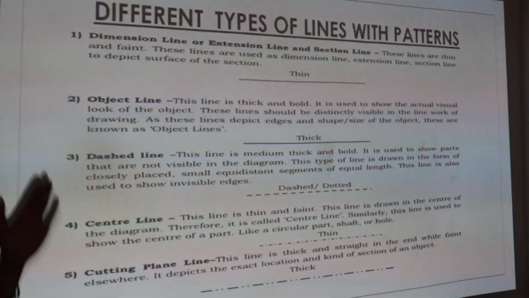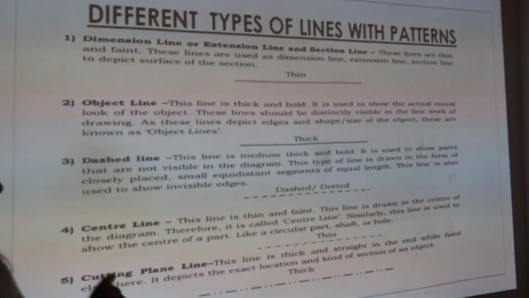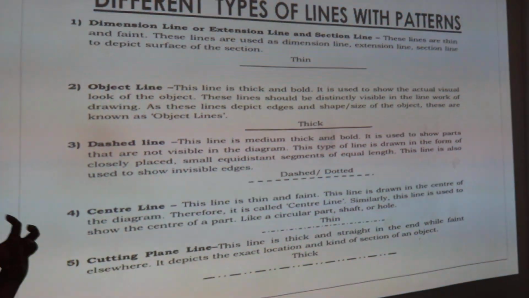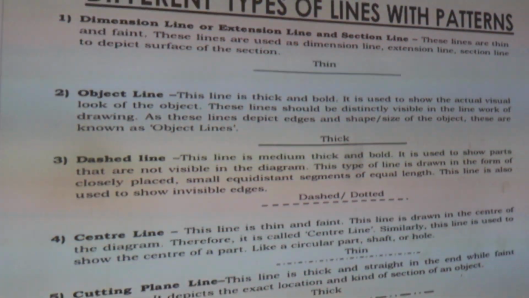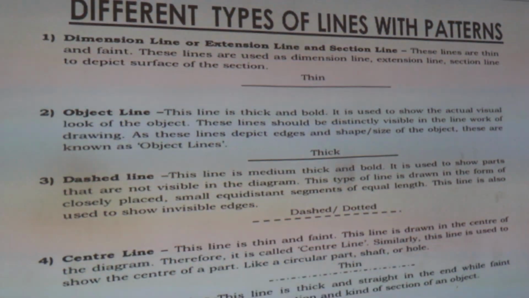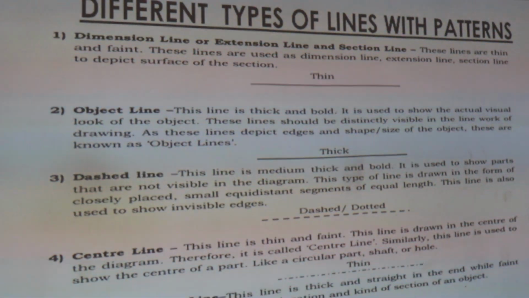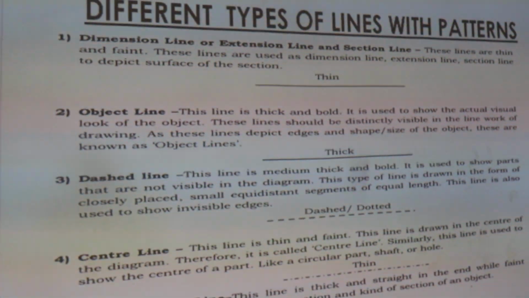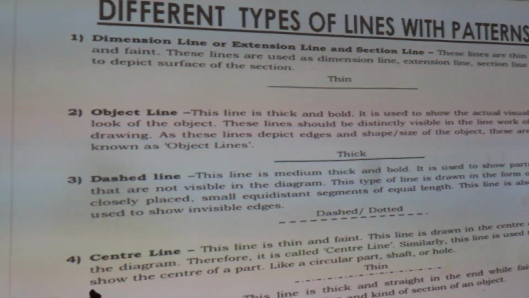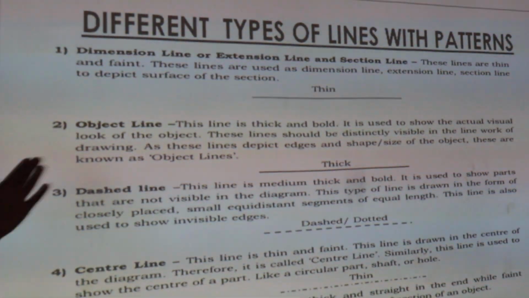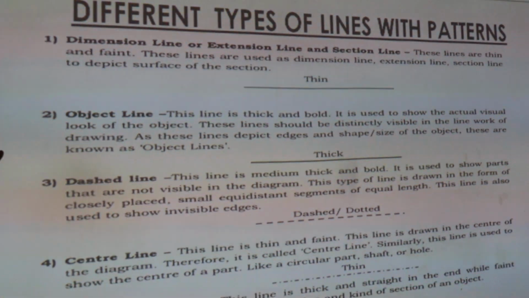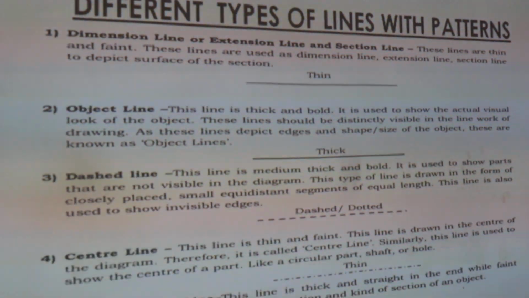The dimension line is also called the extension line or section line. Dimension lines are very thin and are used to depict the sections. If during exams you are asked to give an explanation of the extension line, don't be confused, because the extension line is also called the dimension line or section line.